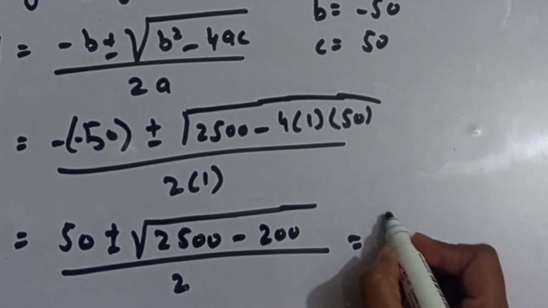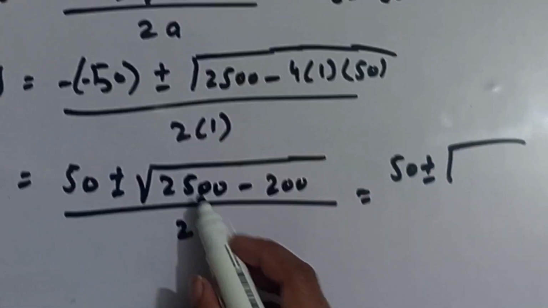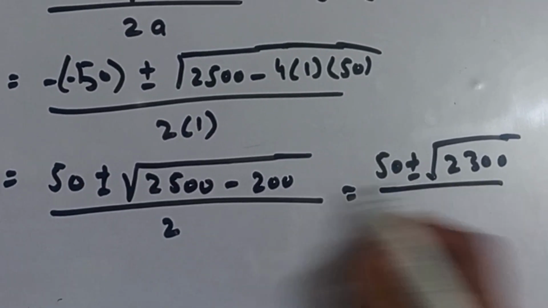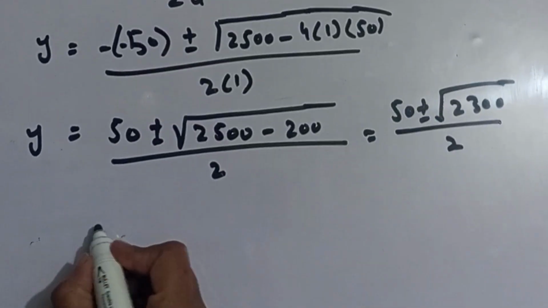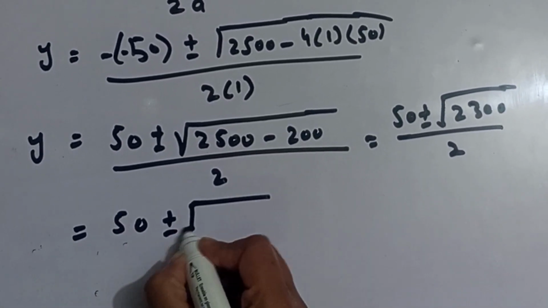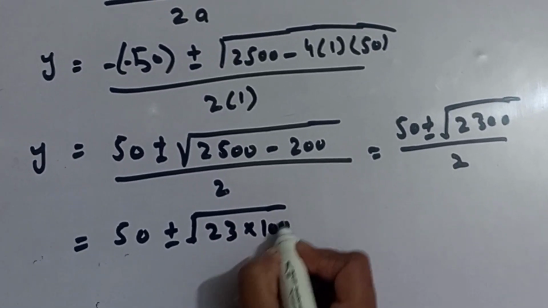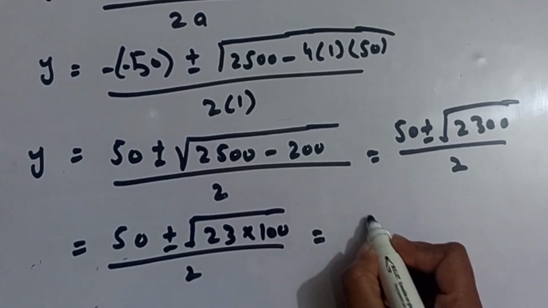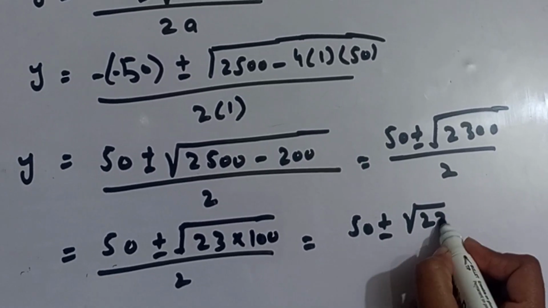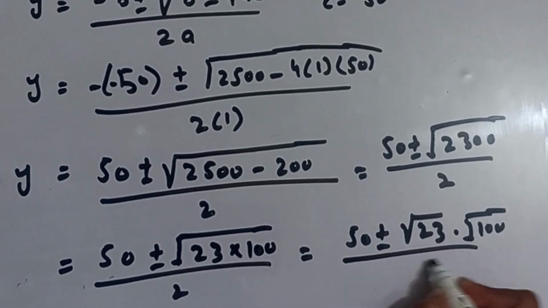Now we simplify this. 50 plus minus square root of, subtract 200 from 2500, so we get 2300. In the denominator we have 2. Now we write this value as 50 plus minus square root of 23 multiply 100 over 2, and this is equal to 50 plus minus square root 23 multiply square root 100 over 2.